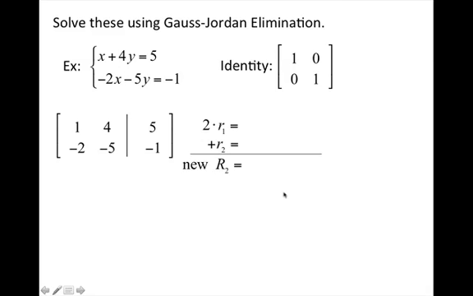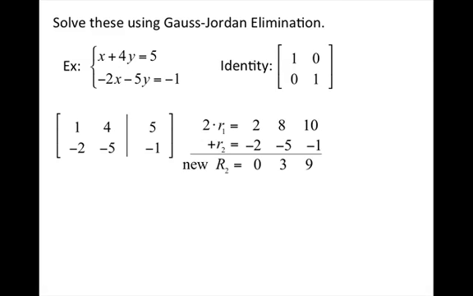So 2 times row 1 gives me 2, 8, and 10. Then I recopy row 2, which is -2, -5, -1. 2 plus -2 gives me the 0 that I wanted. 8 minus 5 is 3, and 10 minus 1 is 9.